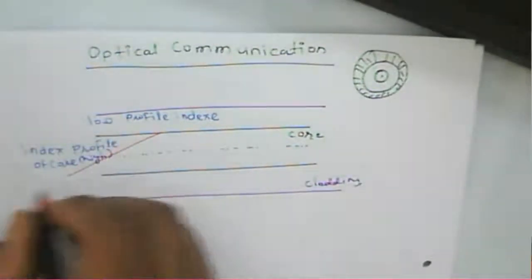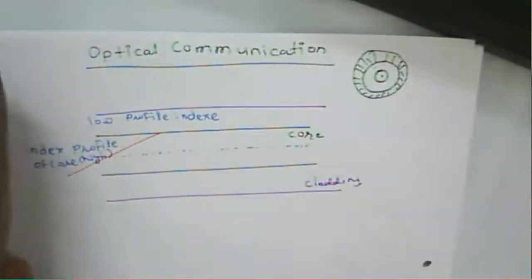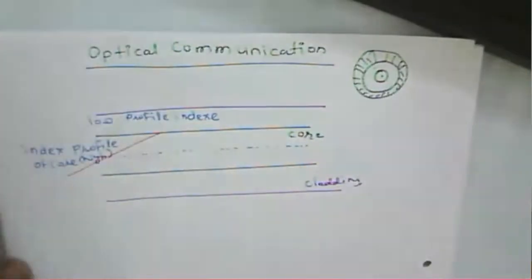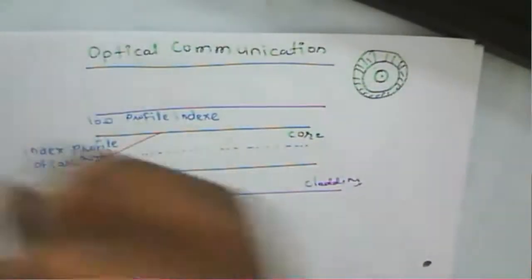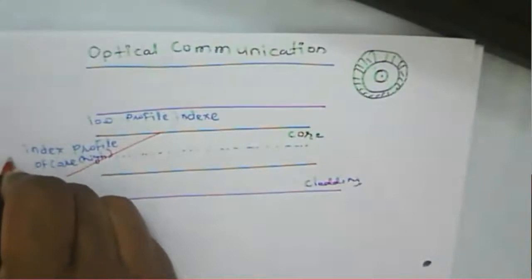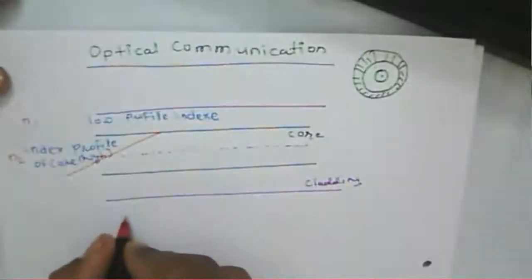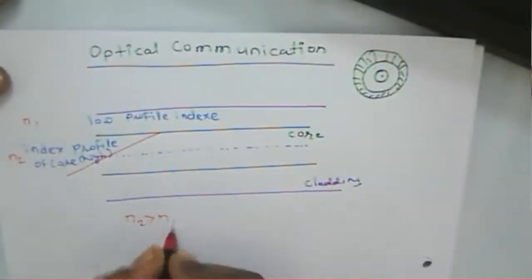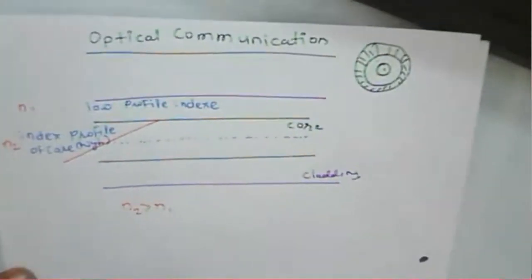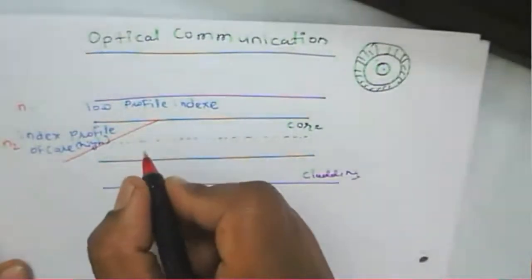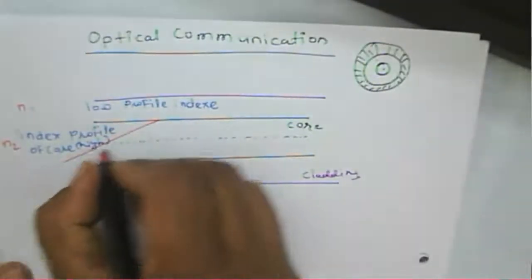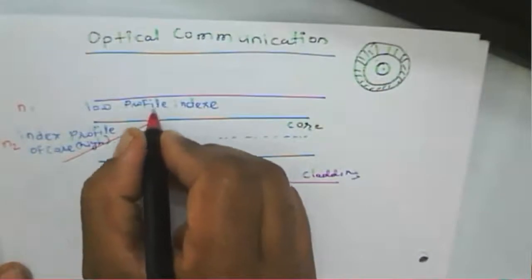Now the index of refraction for this given core and cladding, suppose it is n2 for the core and n1 for the cladding. For a given fiber, n2 is greater than n1. Now light is incident inside this fiber.